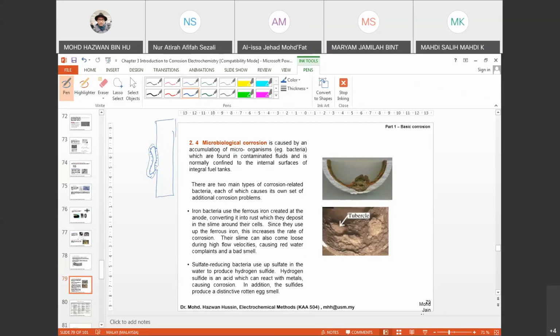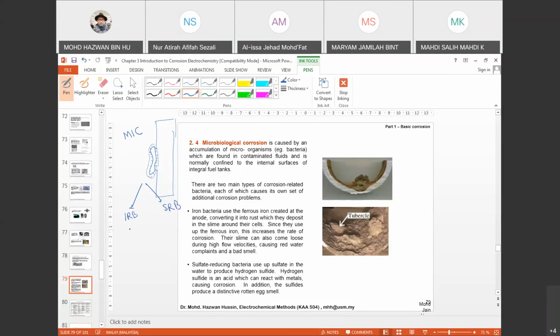In this case, we have two types of bacteria that normally can trigger corrosion, microbiological corrosion, or MIC, microbiologically induced corrosion. So you have IRB and you have SRB.